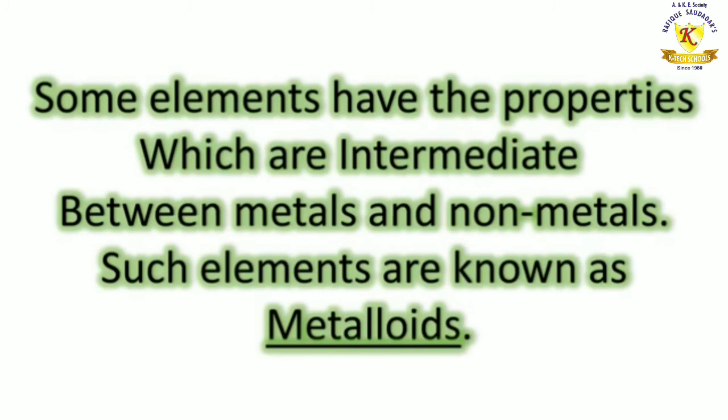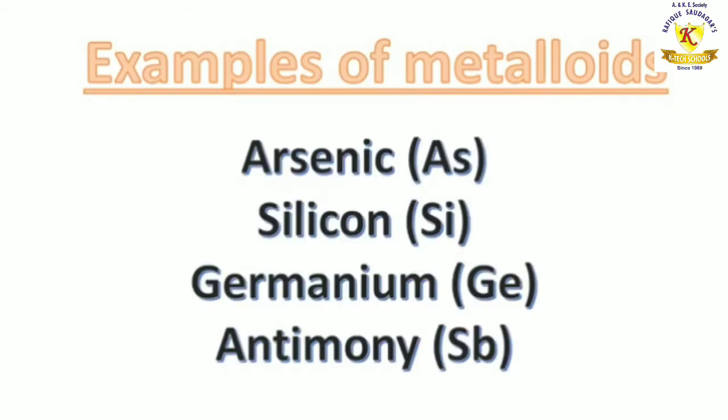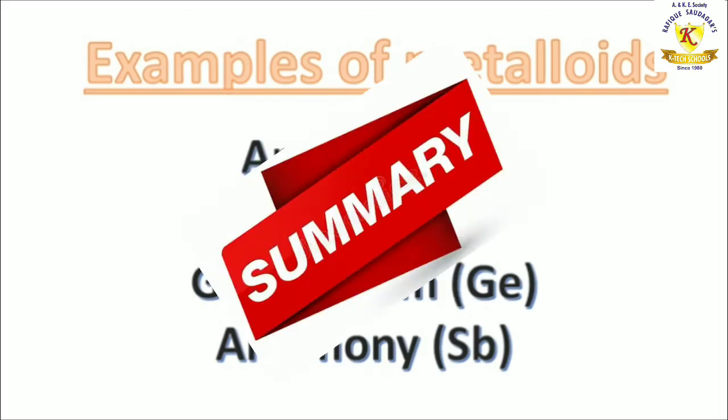Such elements are known as metalloids. It means the elements which have the properties of both metals as well as non-metals are known as metalloids. Some examples of metalloids are arsenic, silicon, germanium, antimony.